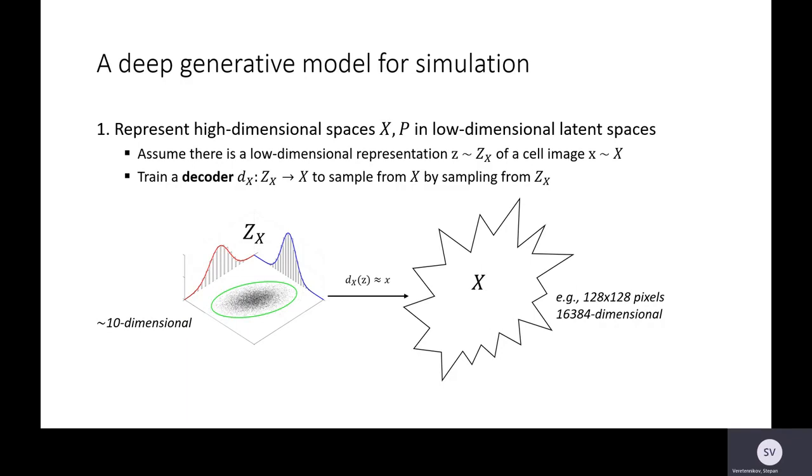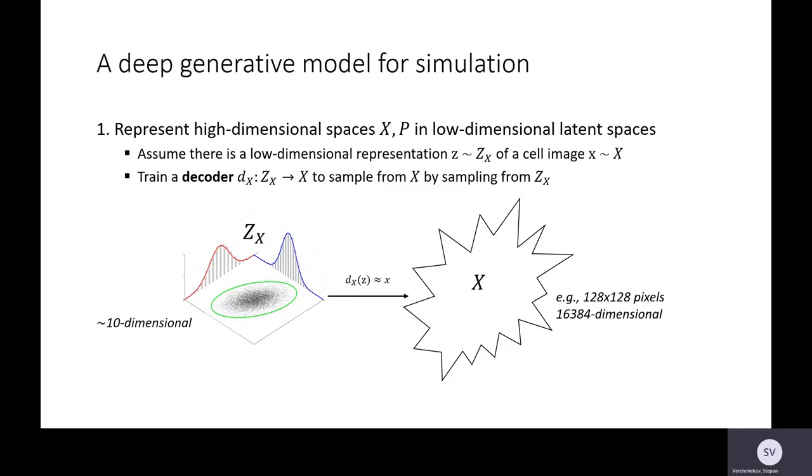Here we assume that there is a low-dimensional representation Z of a cell image X. So for example, if we take pictures of 128 by 128 pixels, it is a 16,000-dimensional vector, but in fact we may assume that the cell image itself can be explained by a much smaller number of factors, such as shape, nucleus size, orientation, and a couple of others. We can assume that a maximum of 10 dimensions is needed to fully describe the variation in images.